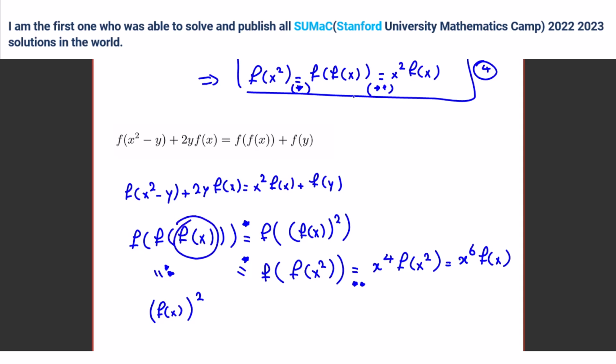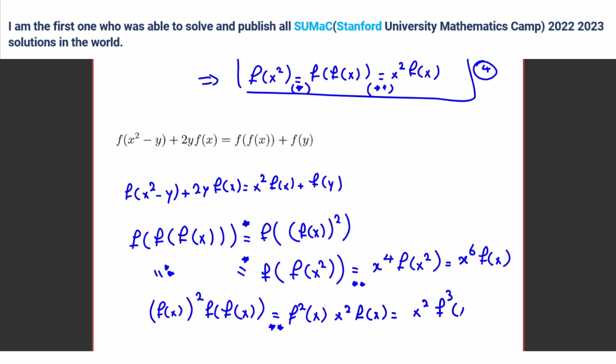Because we have f of x here in terms of x, so you should replace x with f of x, right? Times f of x, right? So again we should use double star, so it is f squared of x, f of x, x squared f of x. So it would be x squared f cubed of x, right?